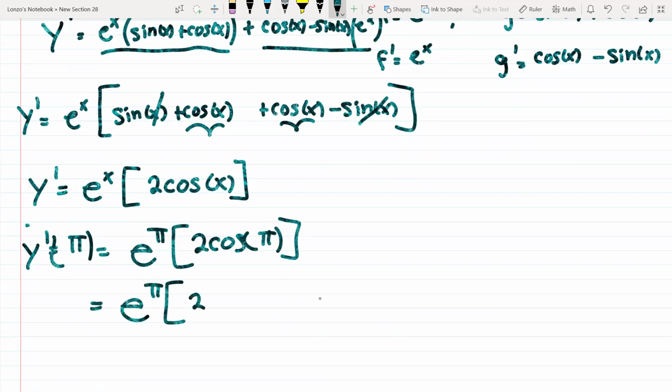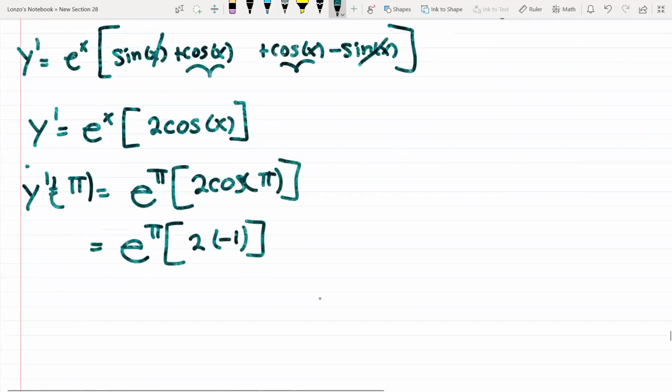What is cosine of pi? It is -1. So 2 times -1 is -2, and then you have e to the pi. So my m1 is -2 e to the pi.